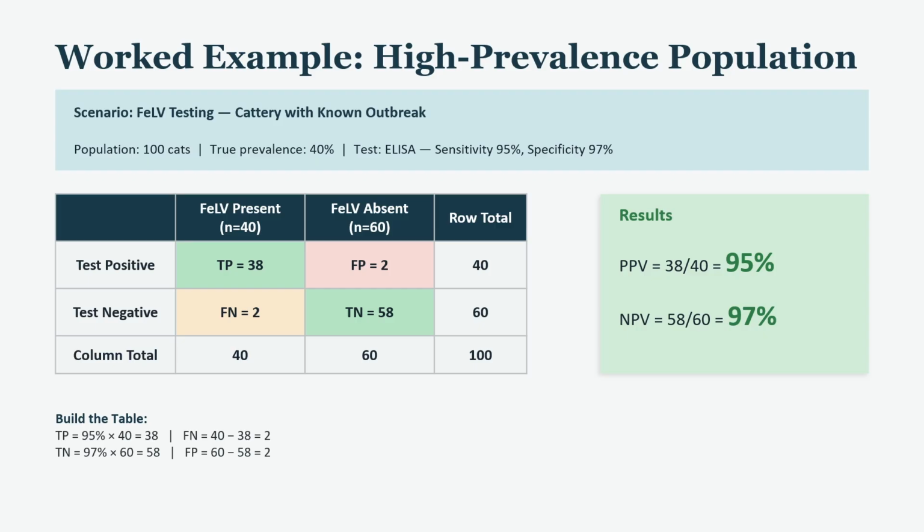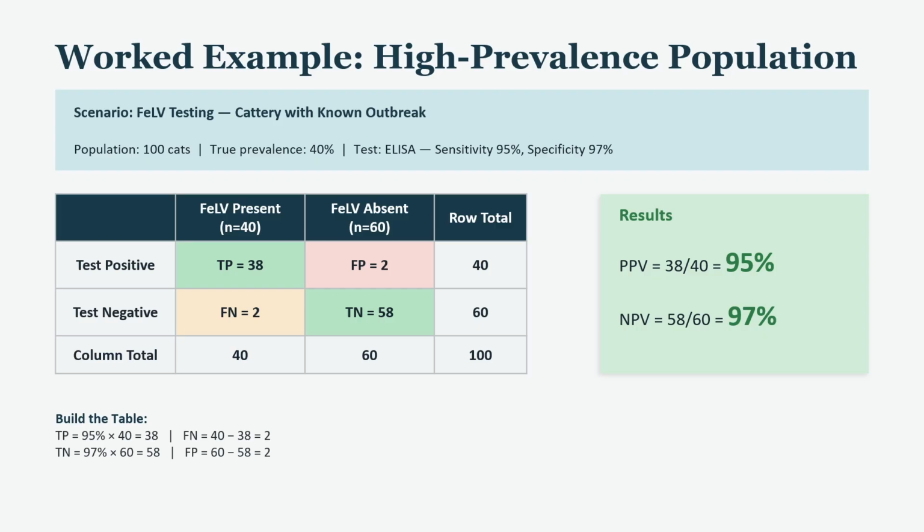PPV equals 38 divided by 40, which is 95%. This means that in this cattery population, 95% of positive ELISA results are true positives. That's excellent. If a cat in this cattery tests positive, you can be 95% confident it truly has FeLV.